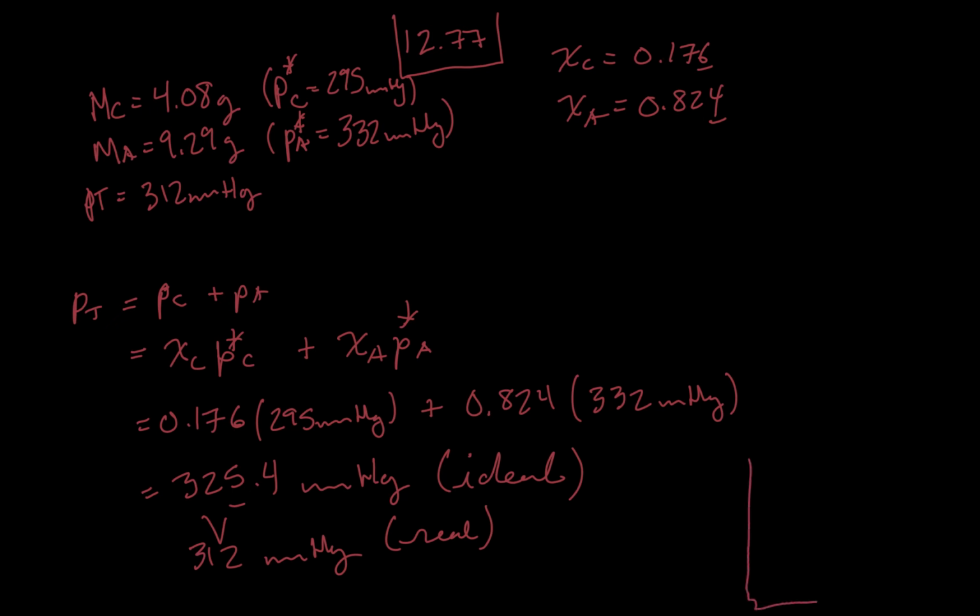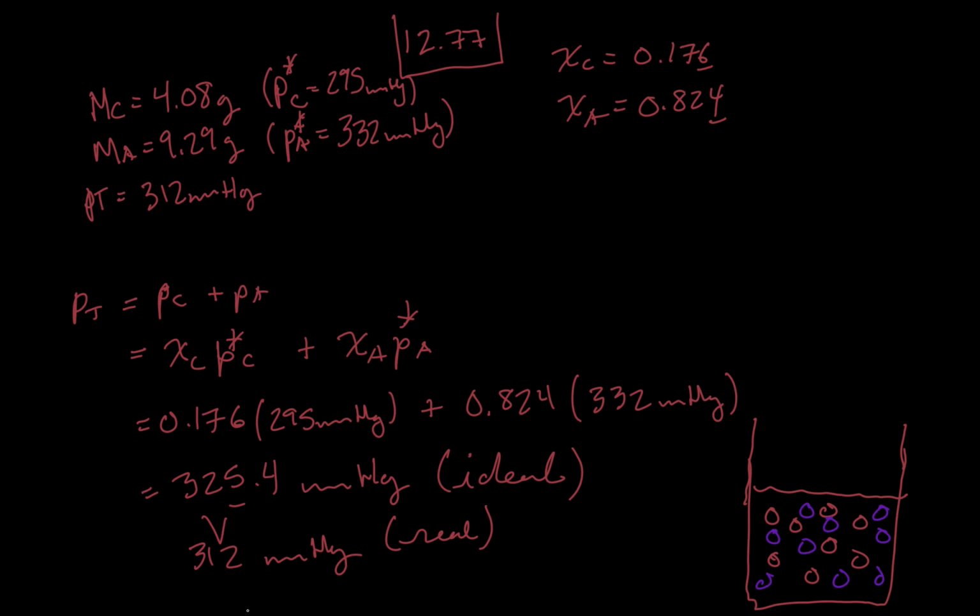To put that in perspective, this isn't a graph; it's going to be a pictorial representation. This is the liquid phase here, and we'll make the acetones purple. These are not drawn with equal mole fractions or anything like that. If there was less interaction between acetone and chloroform than there was between acetone and acetone, this would have to be a higher vapor pressure than what we predicted.